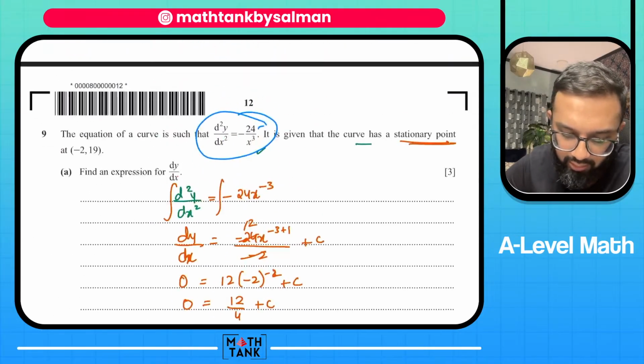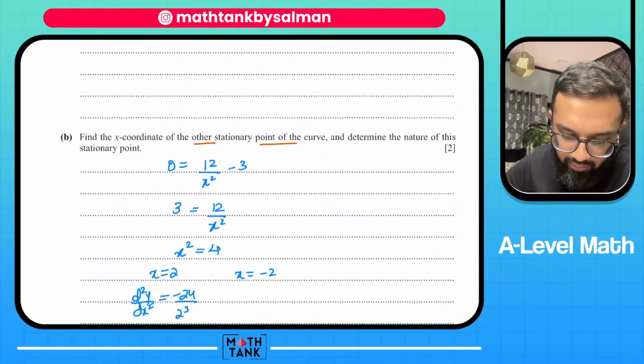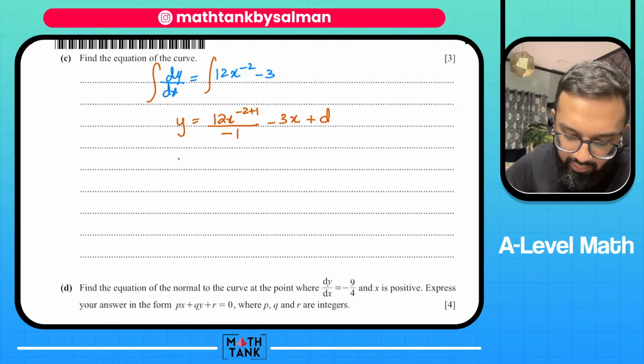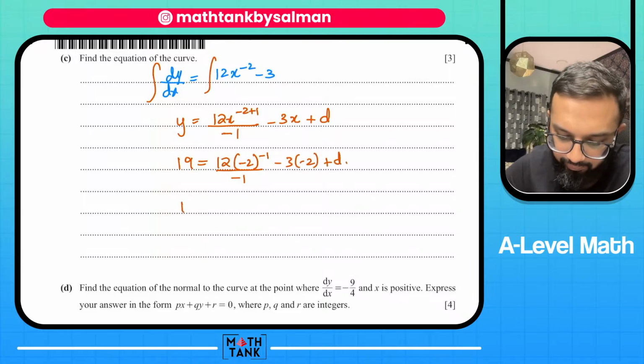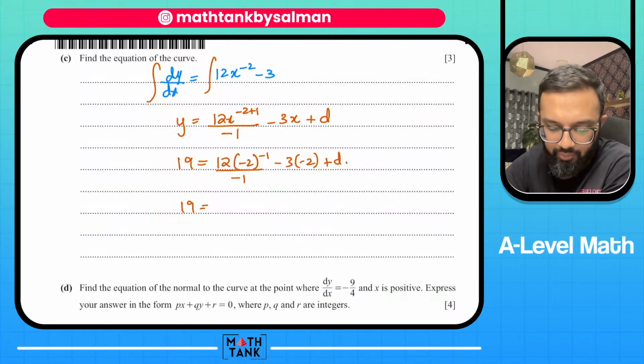What point did I have? I had the point minus 2 comma 19. So 19, minus 2, minus 2. It's minus 12 over 2.